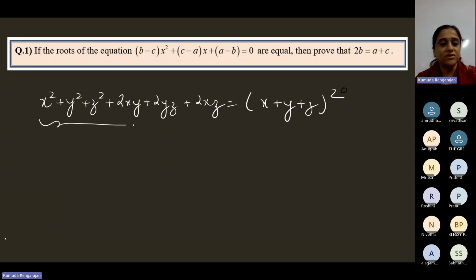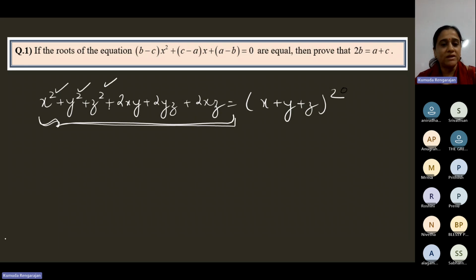See, we have 6 terms, and of these 6 terms, 3 terms are perfect squares: x squared, y squared, z squared. So if you have an expression with 6 terms, of which 3 are perfect squares, check if it is of this form.